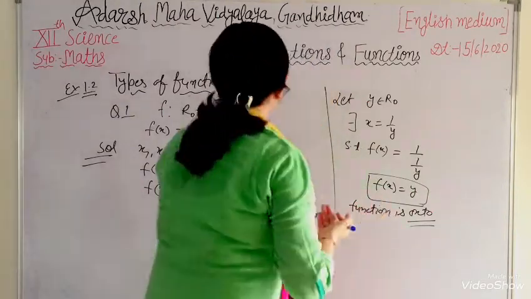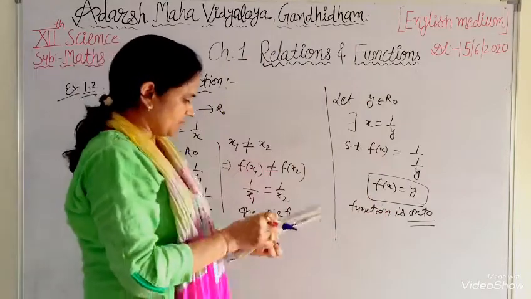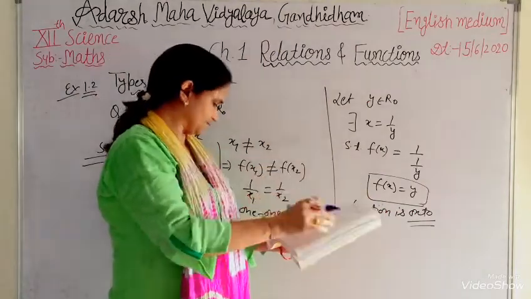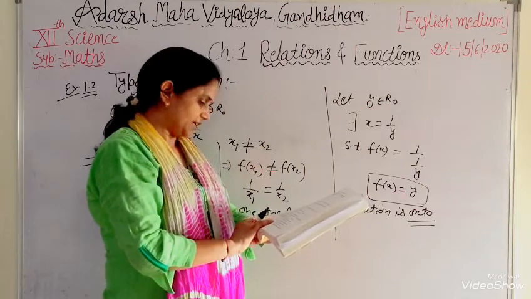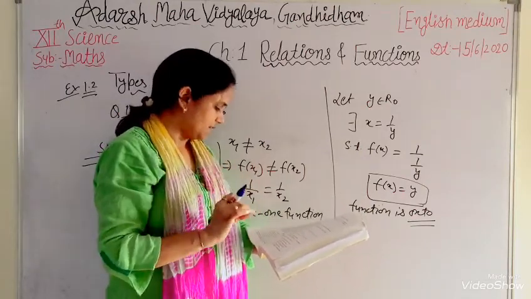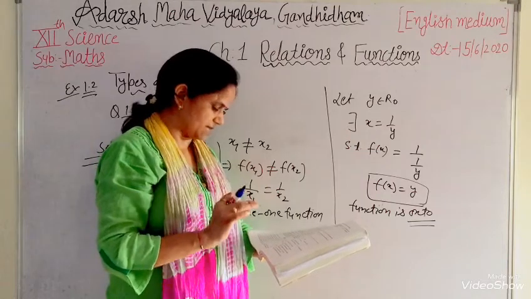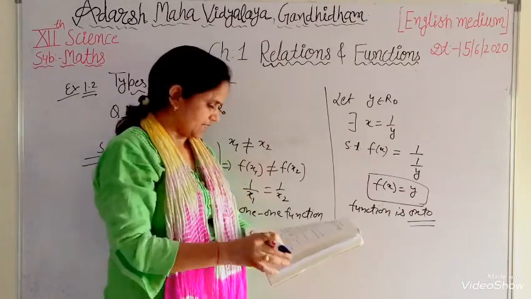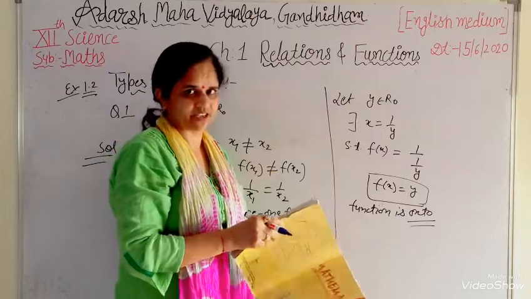Okay. And the second part of this question is, if domain R0 is replaced by N and codomain being the same as R, is the result true? Let's check, students.